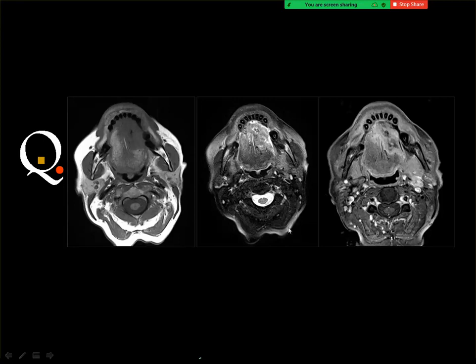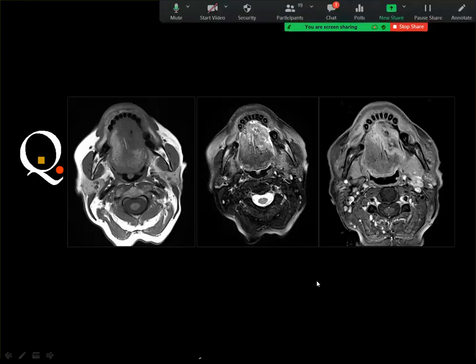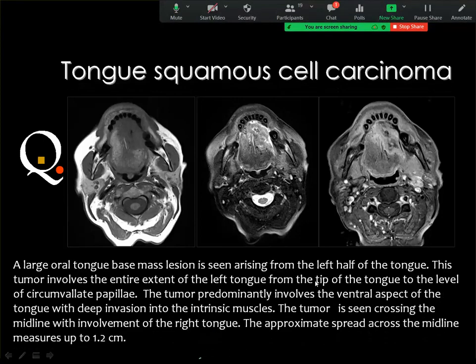This is a big issue actually in the tongue and in the region of the mouth floor spaces. But whenever you see a heterogeneously enhanced lesion without the appearance of true abscess formation and the detection of abnormally affected tooth, then you should think first of the common, which is the malignancy.